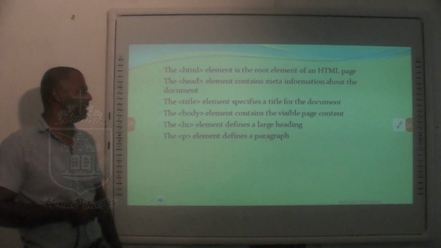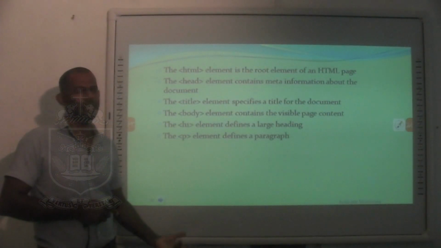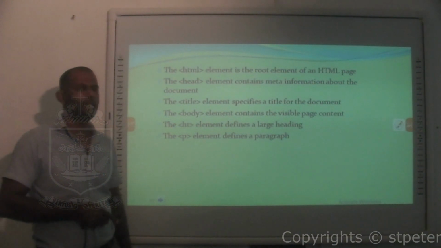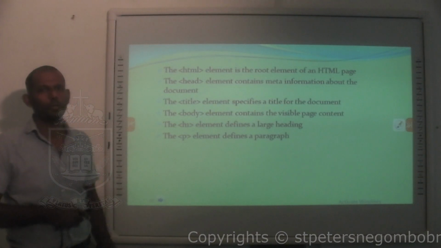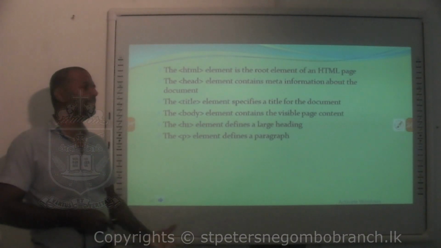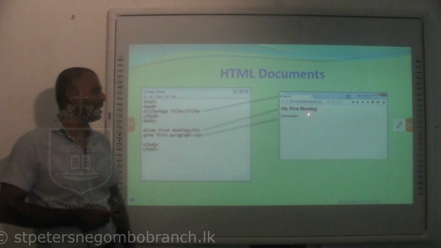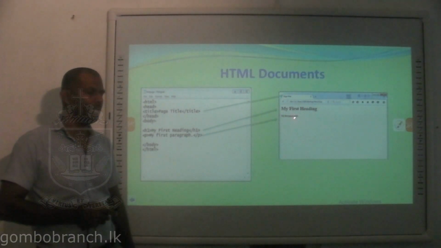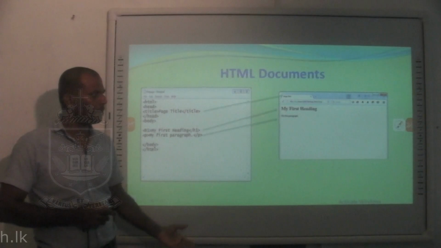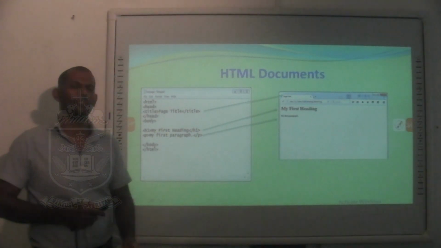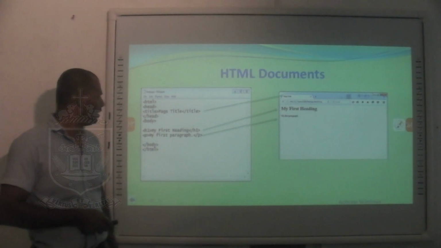Then the H1 element defines the large heading. Headings, you can use H1 up to H6. H1 is the biggest size, that means the largest size of heading, and you can use H1 to H6: H1, H2, H3, H4 likewise.